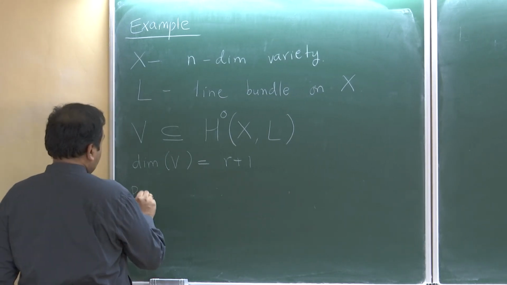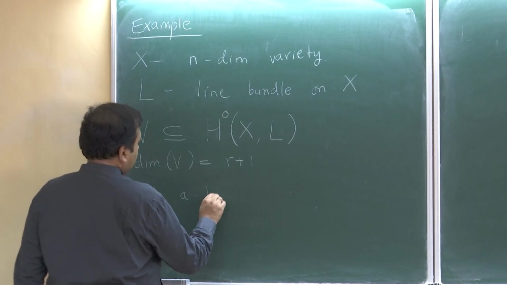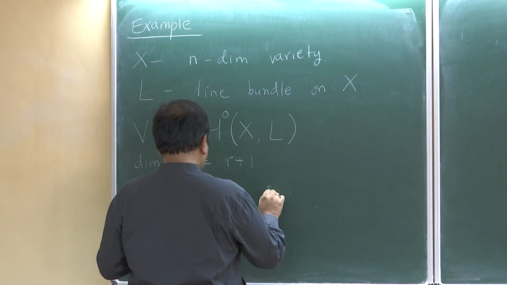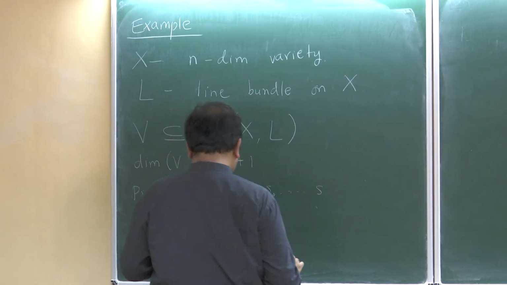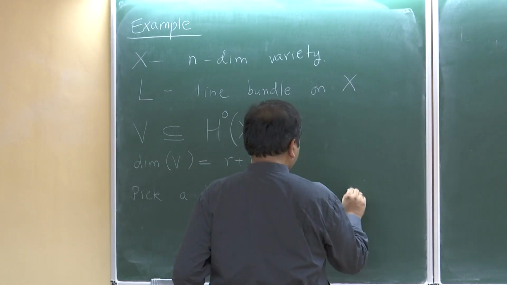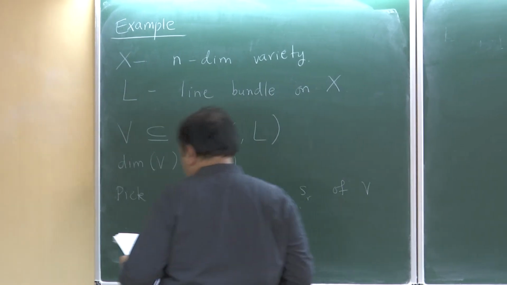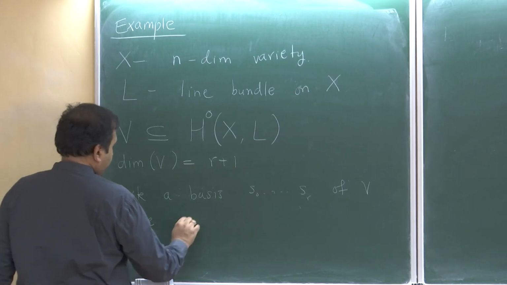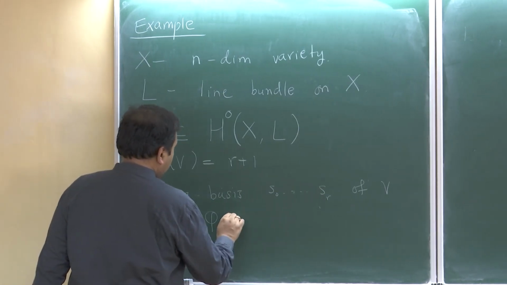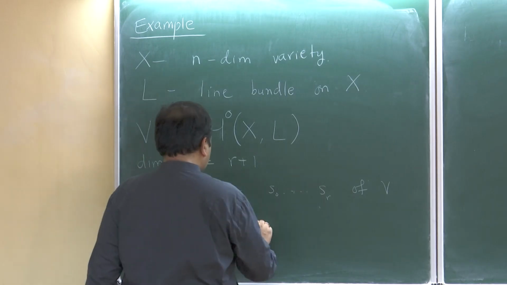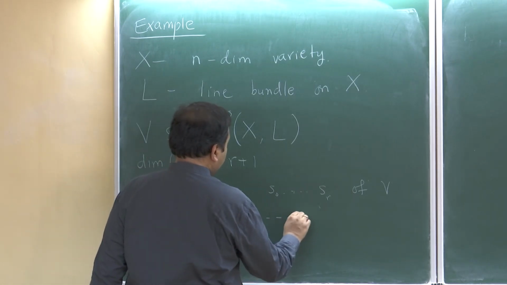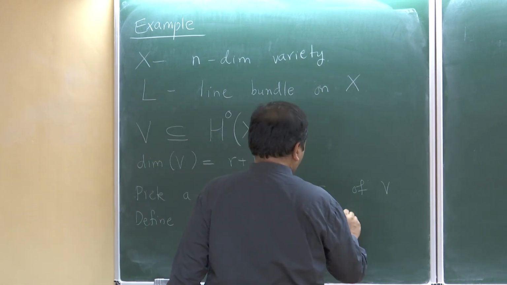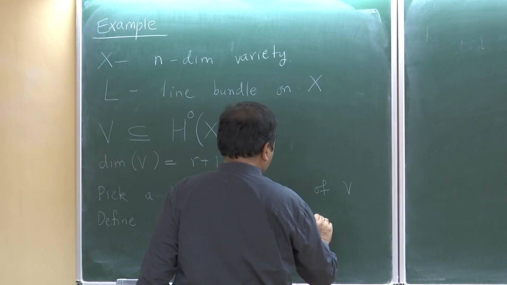Pick a basis s0 up to sr of V, and then define phi L. So this is a rational map, which I will write with a dotted arrow into P of V dual, P^r.